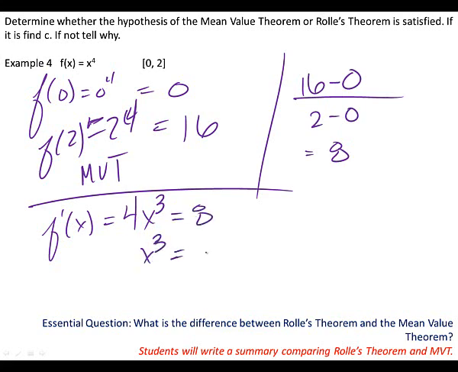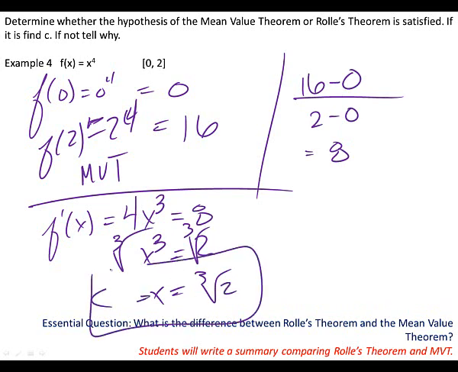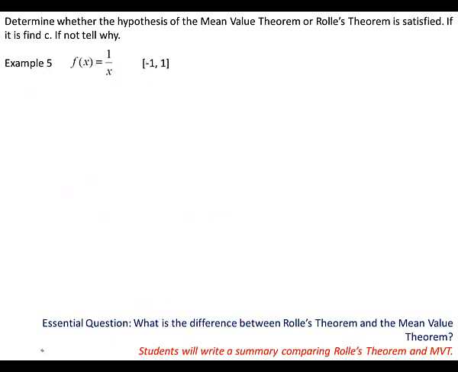Divide by 4, what do you get? 2. Cubed root both sides. So x is equal to, or c is equal to cubed root of 2. Okay? No, on an odd root, we don't do plus or minus. We only do it on an even root. Okay? All right.